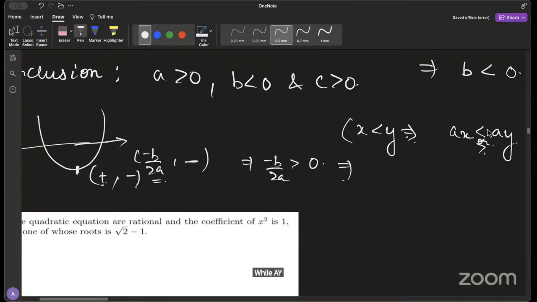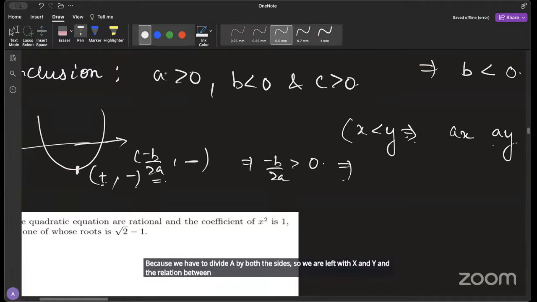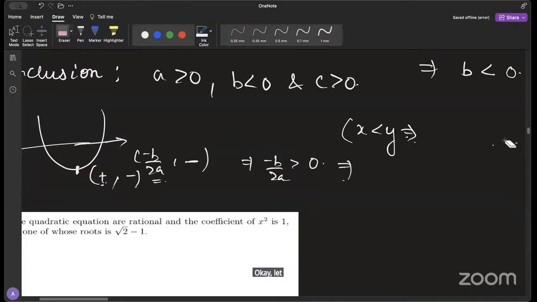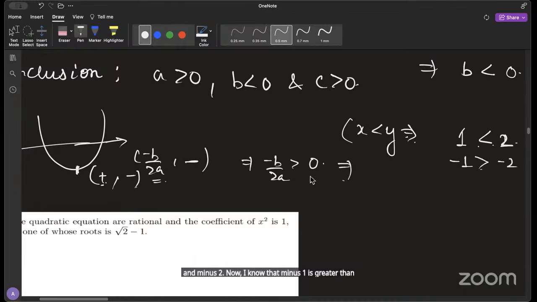Ay is greater than ax. And how do you decide that? Because we have to divide a from both sides, so we are left with x and y, and the relation between x and y is already given. Okay, let's have a look. If you have 1, 1 is less than 2, right? Now, if I multiply minus 1 on both sides, I'll have minus 1 and minus 2. Now, I know that minus 1 is greater than minus 2, right?